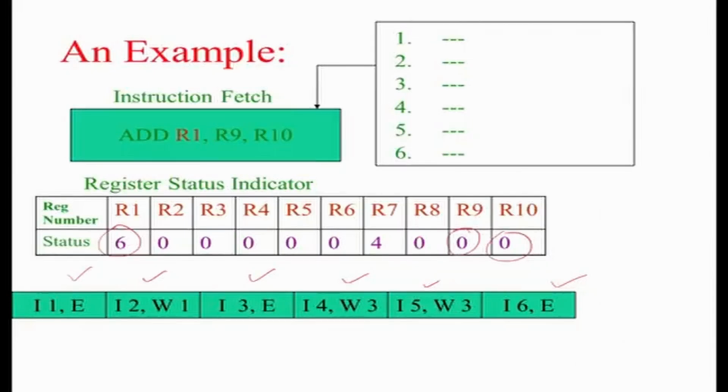Any doubts? No. Now I am having out of order execution. How are the WAR and WAW hazards being handled? How are the write after read and write after write hazards being handled? That is quite straightforward. Now what has essentially happened? I1 is executing, and I2's R1 is waiting for unit 1.